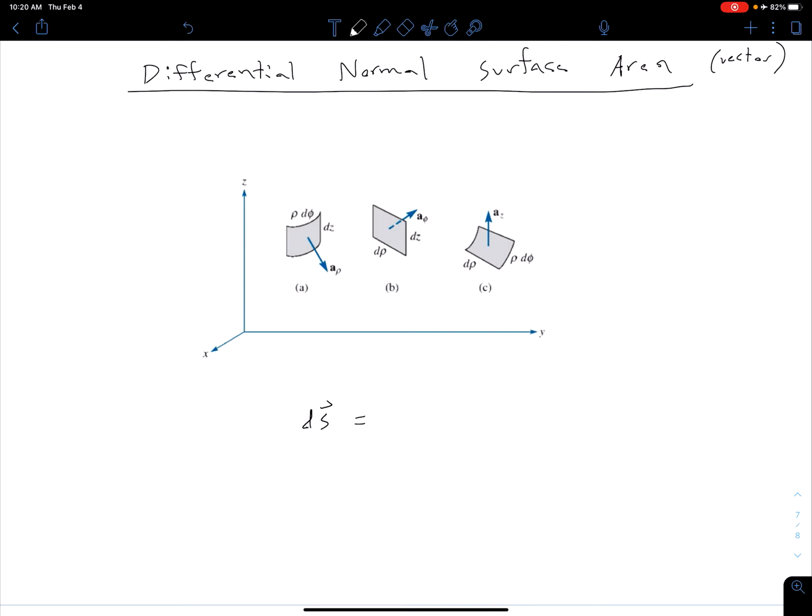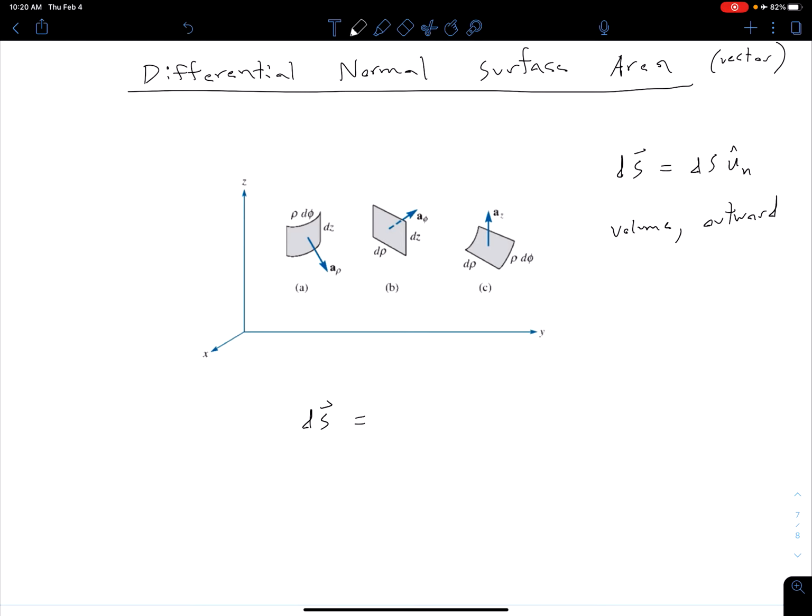What we're doing is calculating the area of this gray portion, because in general, we're going to have dS is equal to some differential surface area ds times a unit normal vector un. Just like before, if we have a volume that's enclosed by the surface, then that unit normal vector is going to be outward.